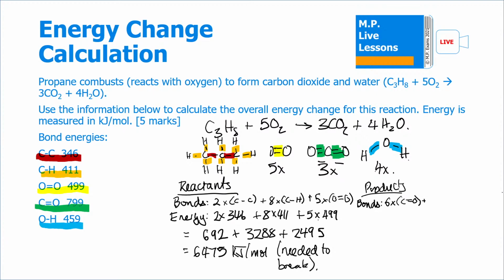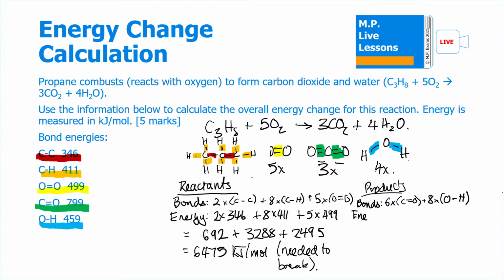As well as that, we've got the bonds from the water molecule. In each molecule of water, you'll have two OH bonds, where an oxygen atom is bonded to a hydrogen atom. Since we have 4 of these molecules, we'll have 8 OH bonds.